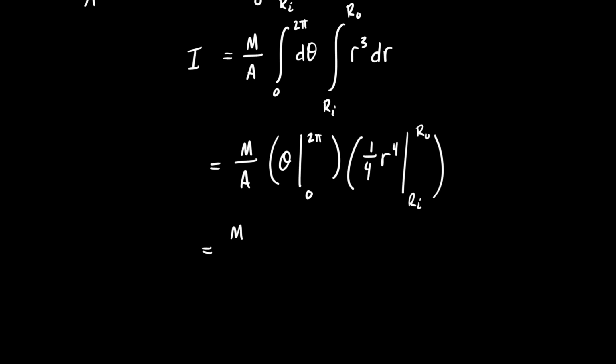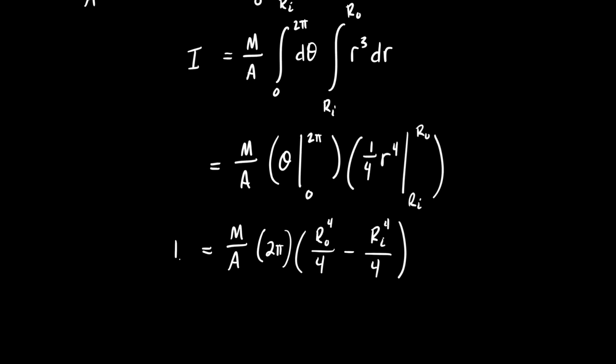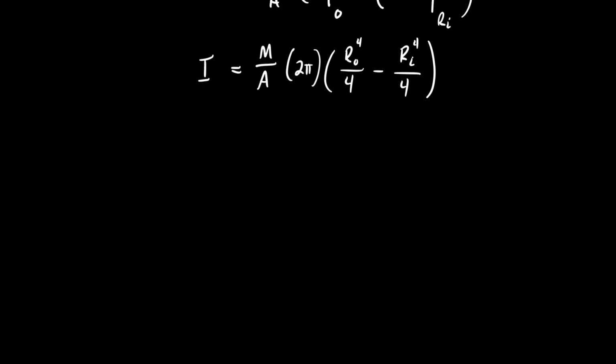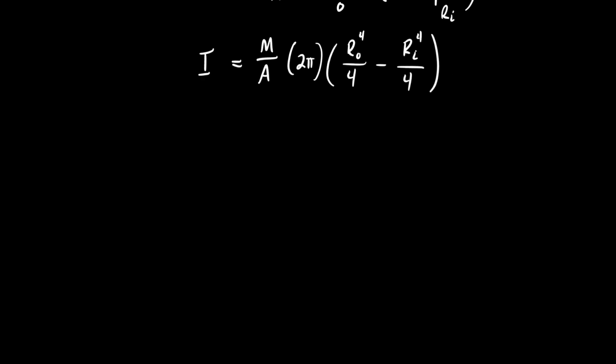This is still m over a times 2 pi times r outer to the 4th divided by 4 minus r inner to the 4th divided by 4. I can do a little bit of factoring. I could factor out the 1 over 4.